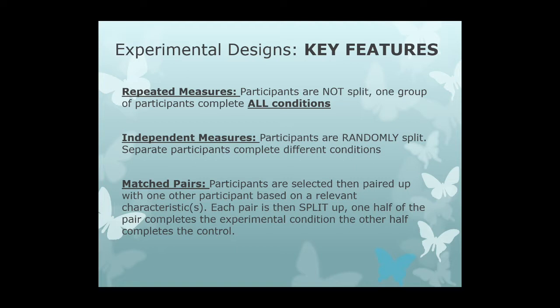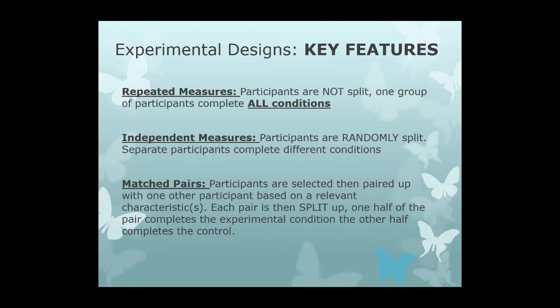So you don't split your participants up at all. One group of participants complete every single one of the conditions. So that's why it's called repeated measures. They repeat every single condition. So they go in one room to do one condition, then they go to another room to do a second condition, and so on and so forth until they've completed every single one of the tasks.